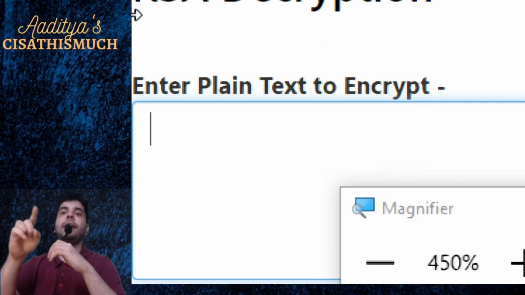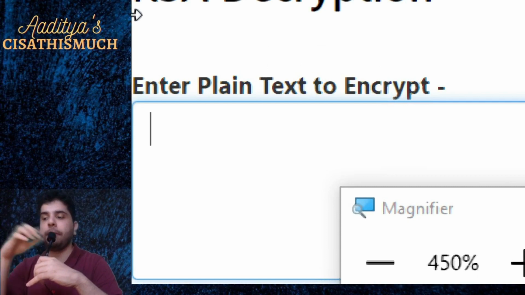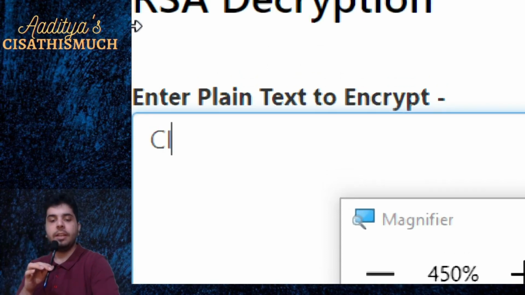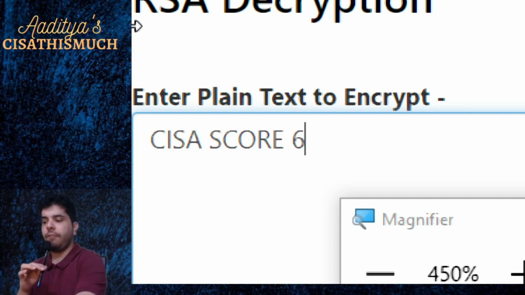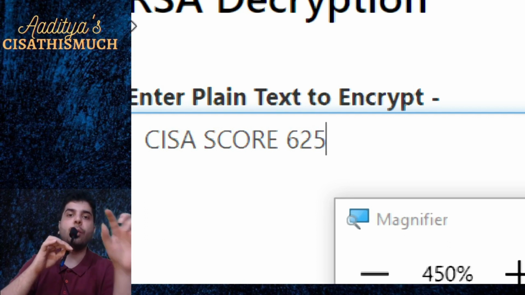All right, so it is asking me to enter plain text to encrypt. I am putting CISA score 625. Right, CISA score is 625.